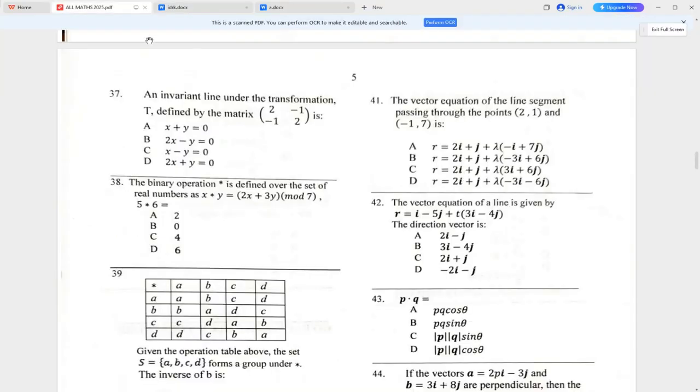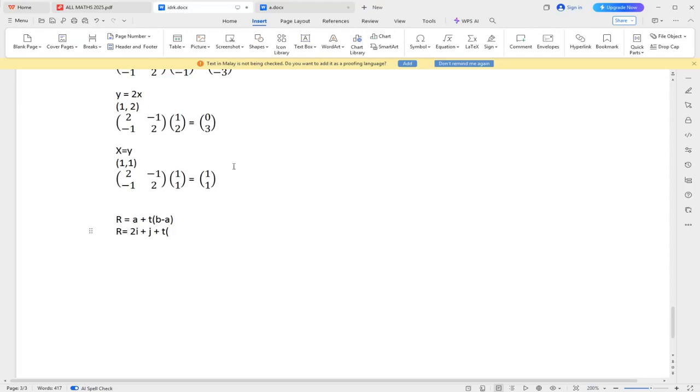The second point is minus i plus 7j, minus the first point, which is 2i plus j.